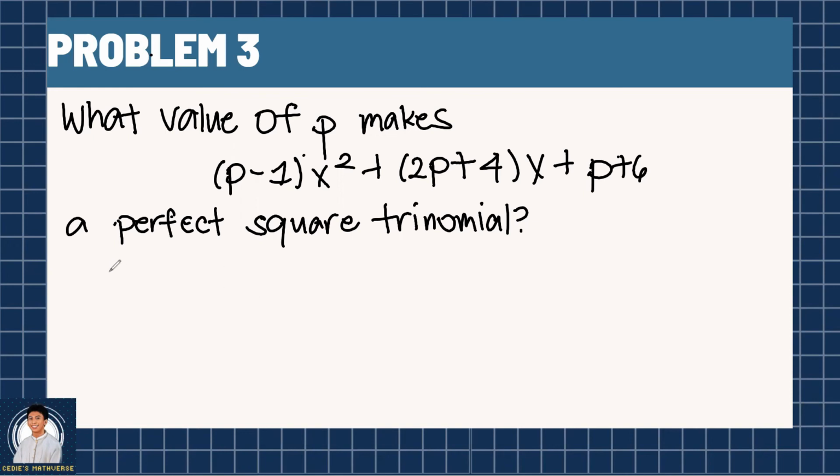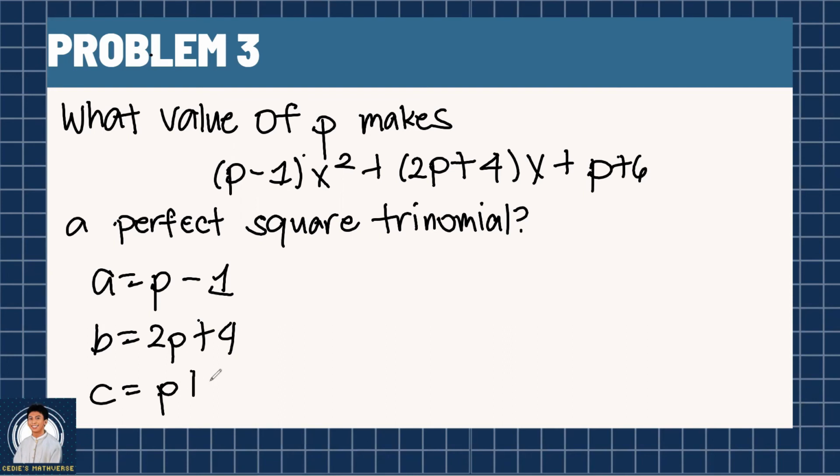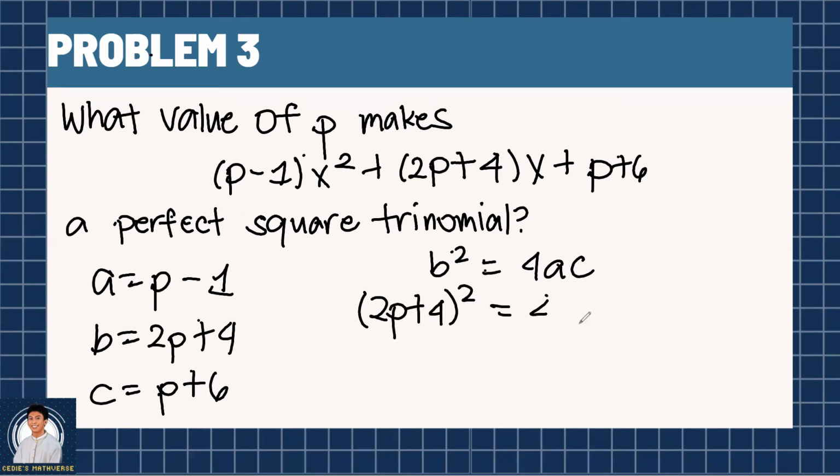We have a equals p minus 1, b equals 2p plus 4, and c equals p plus 6. Then we have b squared equals 4ac. So we have 2p plus 4, quantity squared, equals 4 multiplied by p minus 1 multiplied by quantity p plus 6.